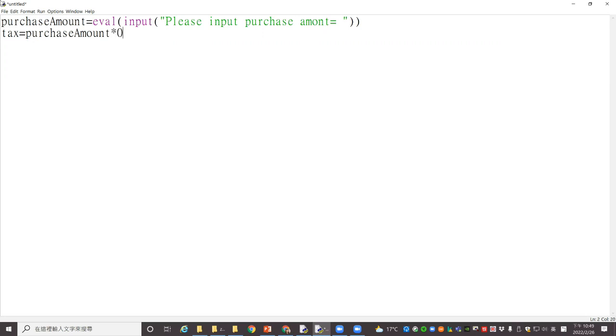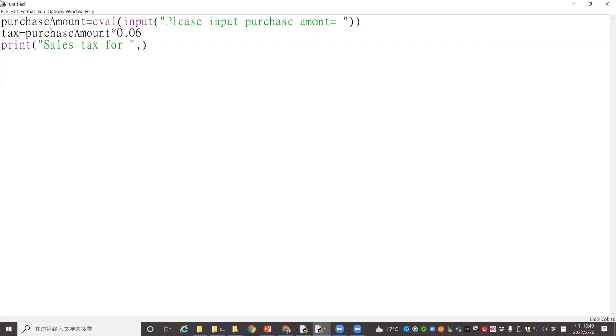Multiply 0.06. Yeah. And finally, we will print the result. The sales tax, or, yeah, different from your textbook.